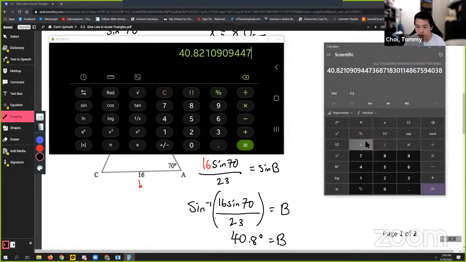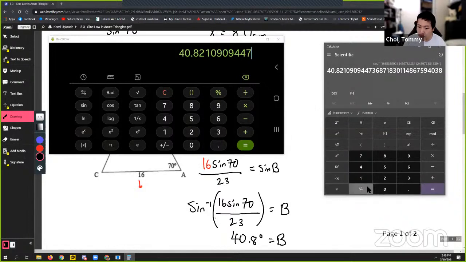So I'll say that again. iPhone users, you do what's inside the inverse first. So 16 sine 70 is 16 times 70 sine, equals, divided by 23 equals, and then sine inverse. You get 40.8.